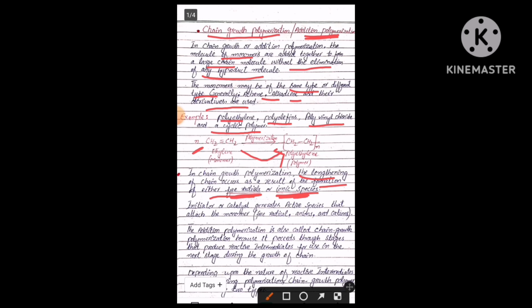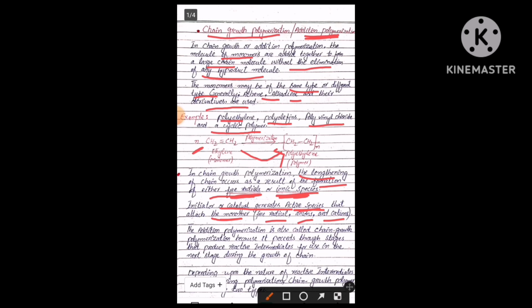The initiator or catalyst generates active species that attack the monomer. It may be free radicals, anions or cations.